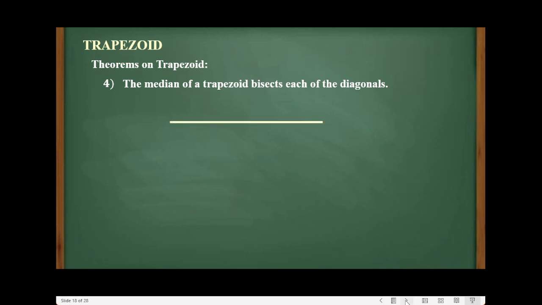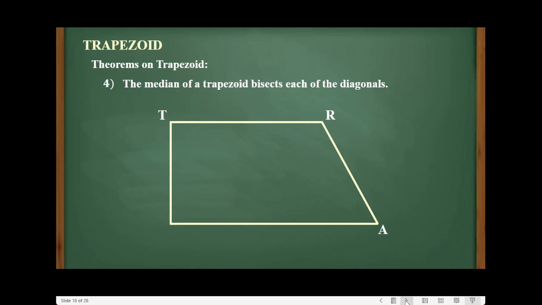Now, if there is a median in this trapezoid, this median does not just bisect each of these legs, but also bisects each of the two diagonals of this trapezoid. So this is the median, the white segment, whose name is segment MN.